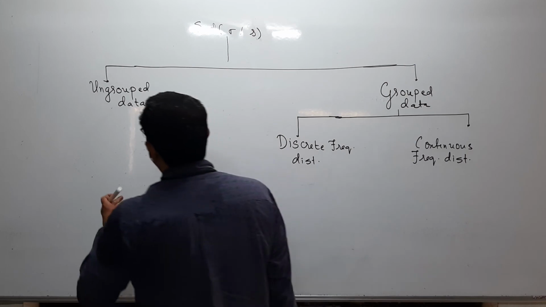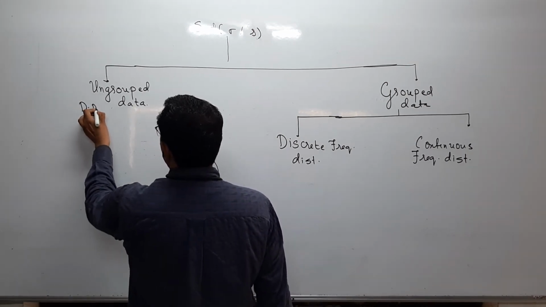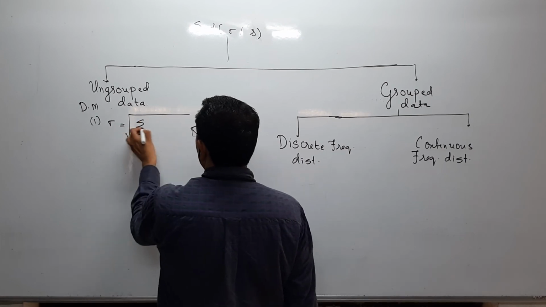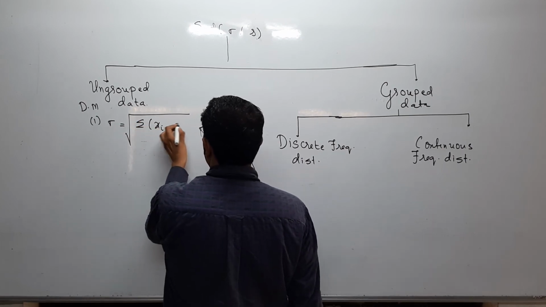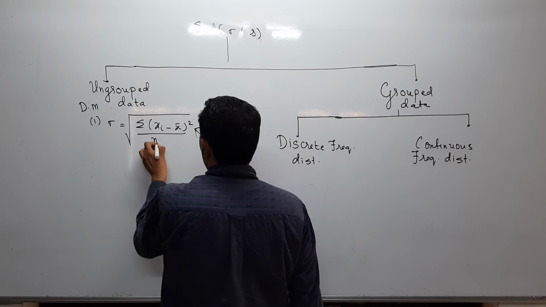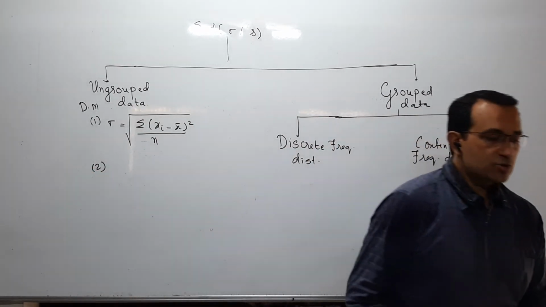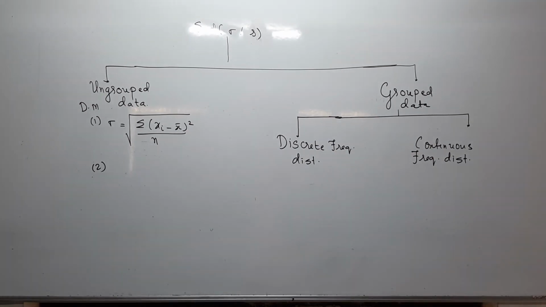Now, direct method formula for ungroup data is this: sigma, positive square root of summation xi minus x bar whole square upon n. Students, I am not writing the criteria, but generally this formula is preferred when x bar is an integer.